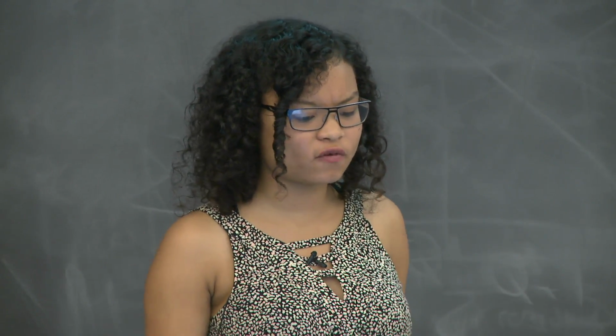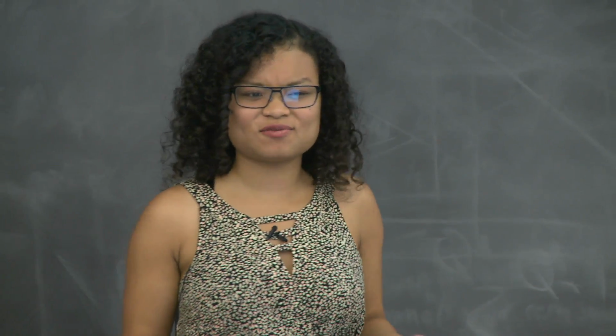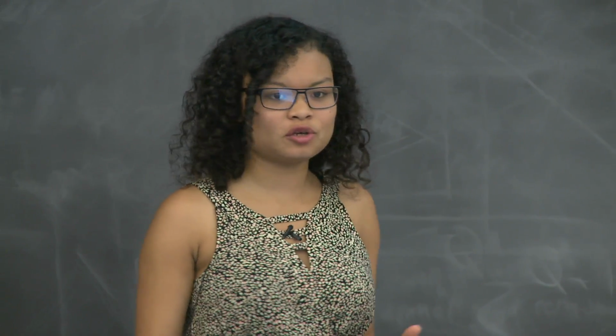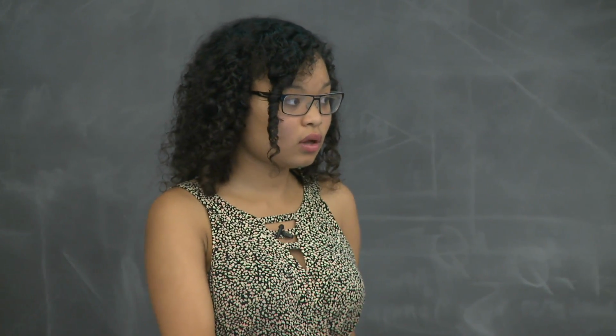If we just apply this formula, Z plus 6 mod 26, that actually gives you 24, because 122 plus 6 is 128, and 128 mod 26 gives you a remainder of 24. But that doesn't really mean F. That's definitely not 102. That's also not the sixth letter in the alphabet. So obviously we need to have some way of tweaking this a little bit.